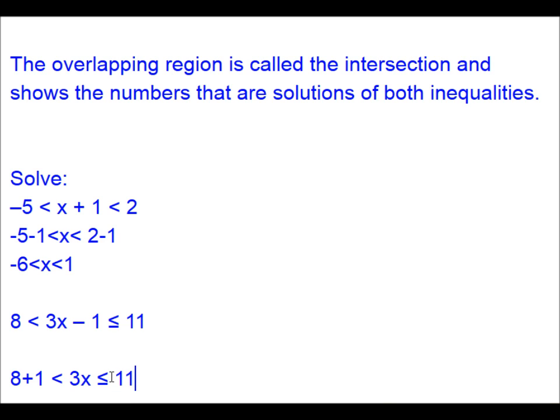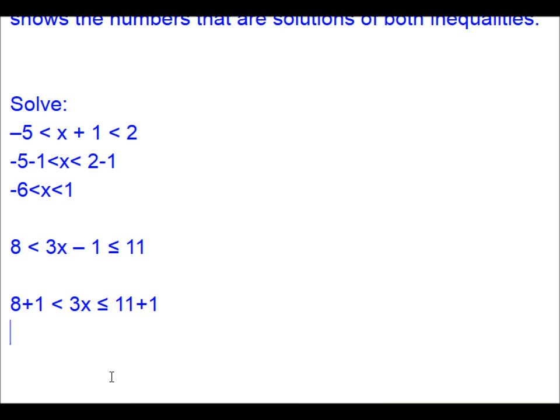When you move the minus 1 to the right hand side, again the sign changes, which makes it plus 1. So now it will be 9 less than 3x less than equal to 12.